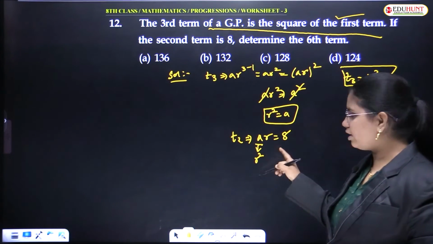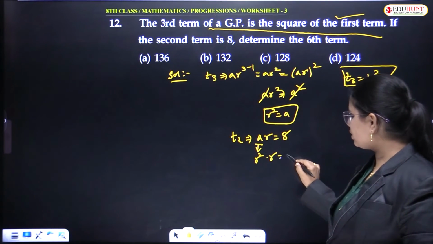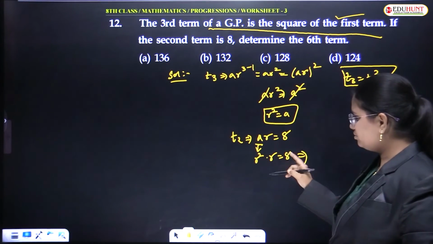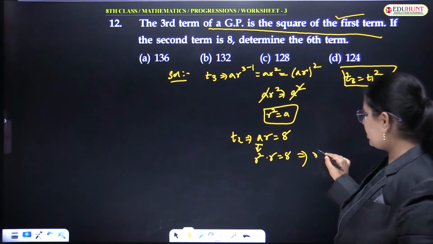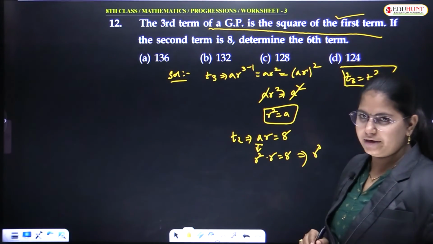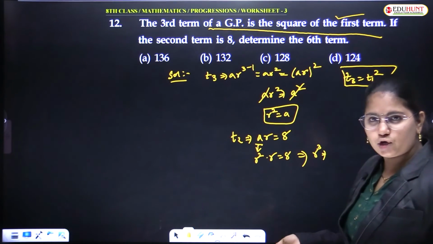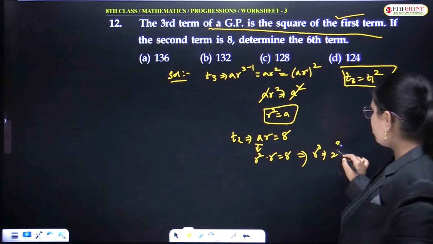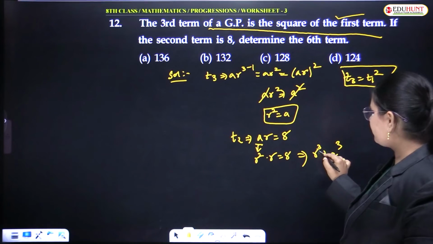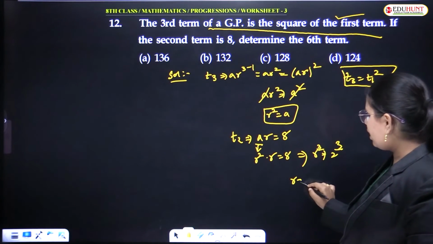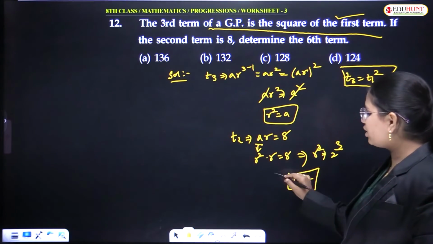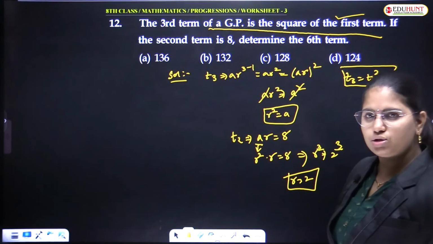So R square into R is equal to 8. R square into R, the bases are equal, so powers must be added. R cube, and 8 can be expressed as 2 to the power of 3, right? So on comparing the powers, we got R value equal to 2.